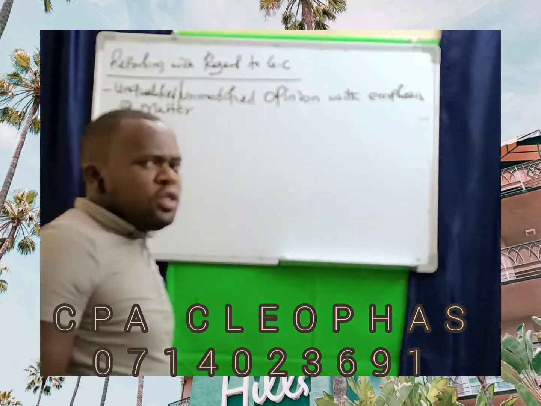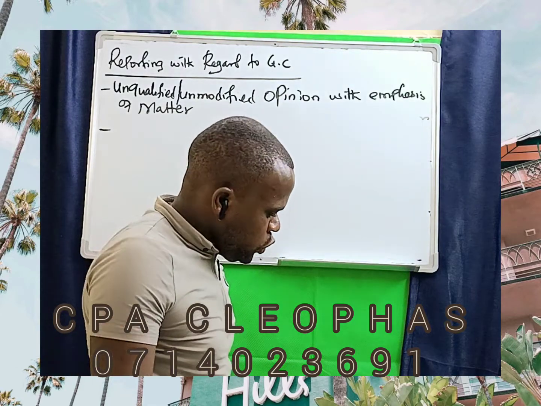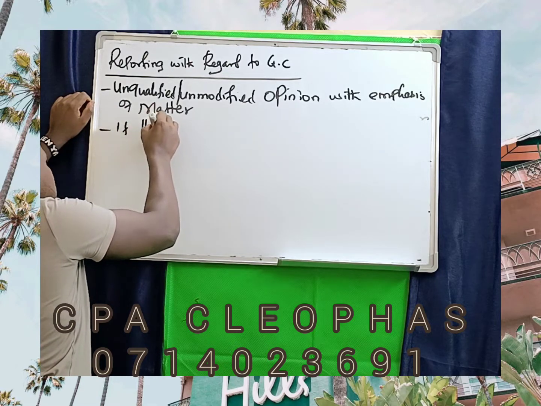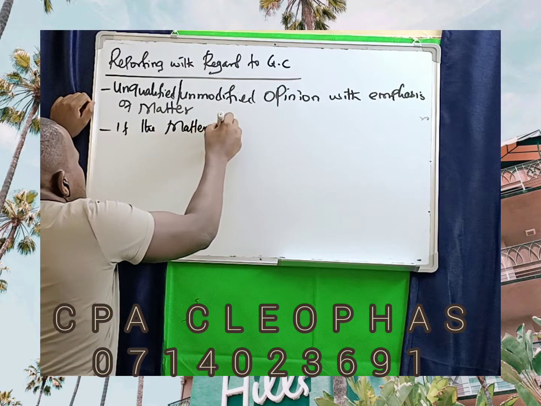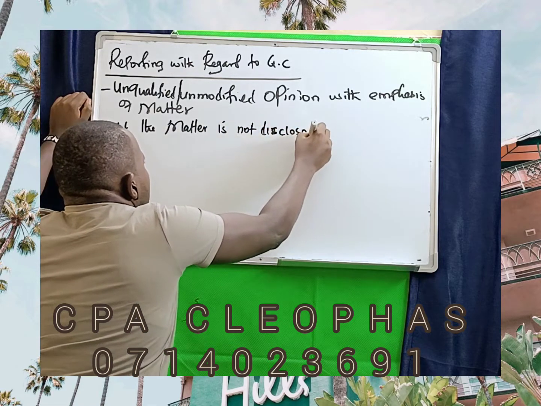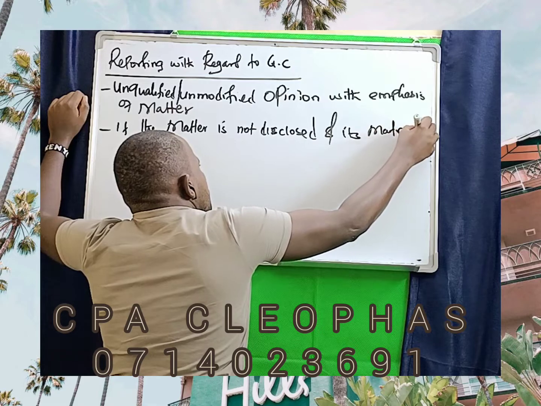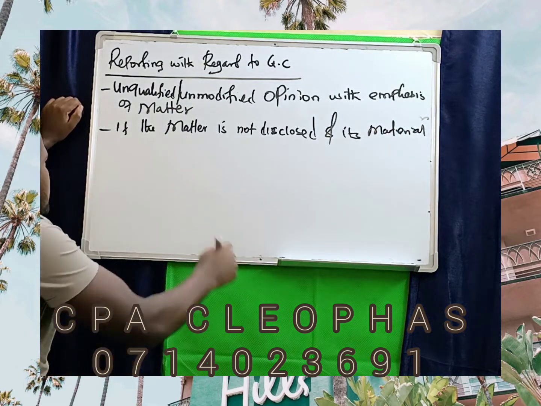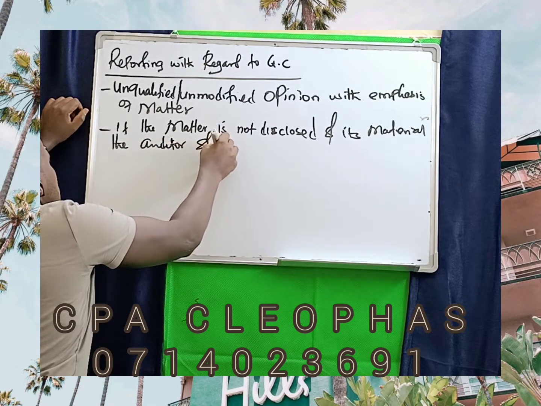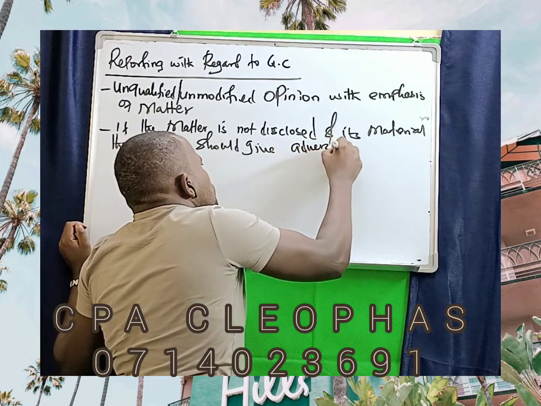Assuming there is no disclosure of the going concern, what should the auditor do? If the matter has not been disclosed and it is material, meaning it is significant, having some effects, then the auditor should give an adverse opinion.